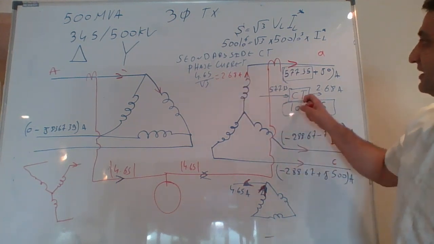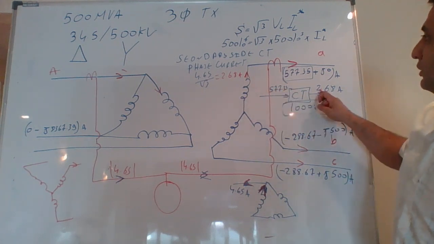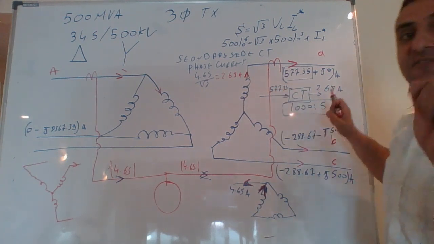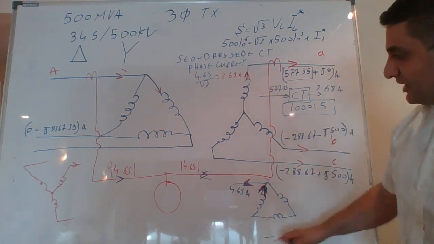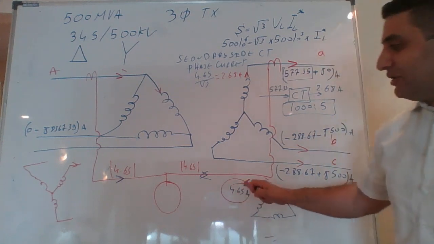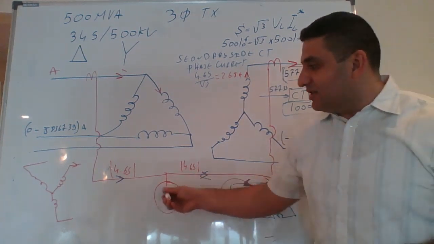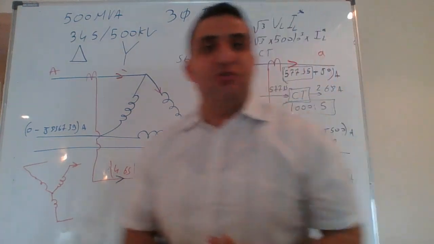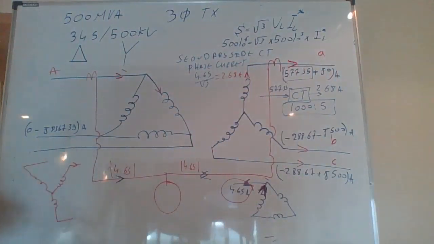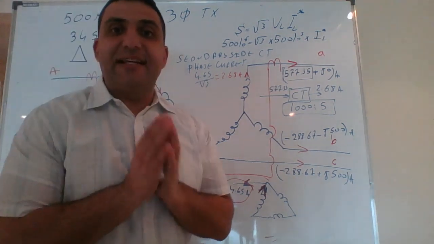So now I need a CT ratio that, if I have 577.35, will give me 2.68 amps as a phase current. Because it is delta, this reflects to a 4.68 amp magnitude in the line, which means when it goes to this CT, they will cancel each other. They were supposed to give me the difference of 0. Is that clear?